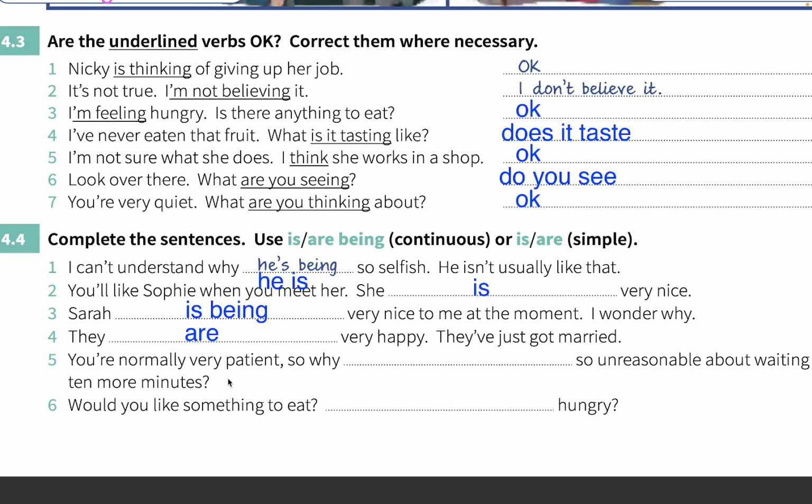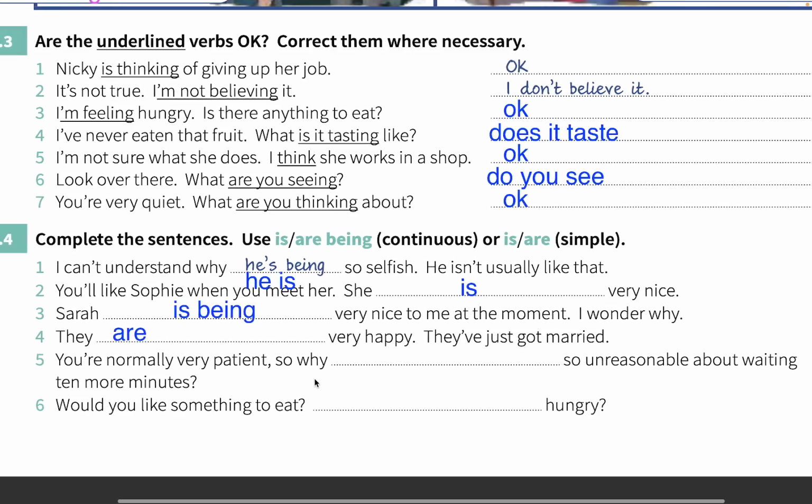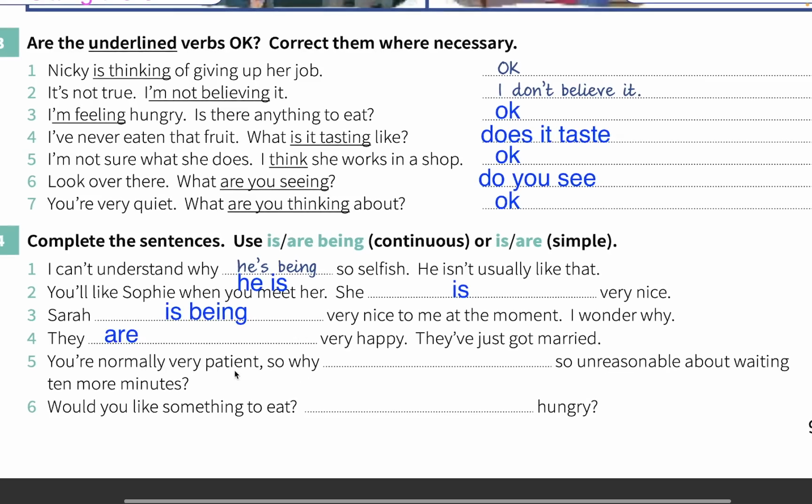Do you get it? Do you guys know why we are using are and not are being? I understood why you use are. Do you guys still confused? Why are we using are and not are being?